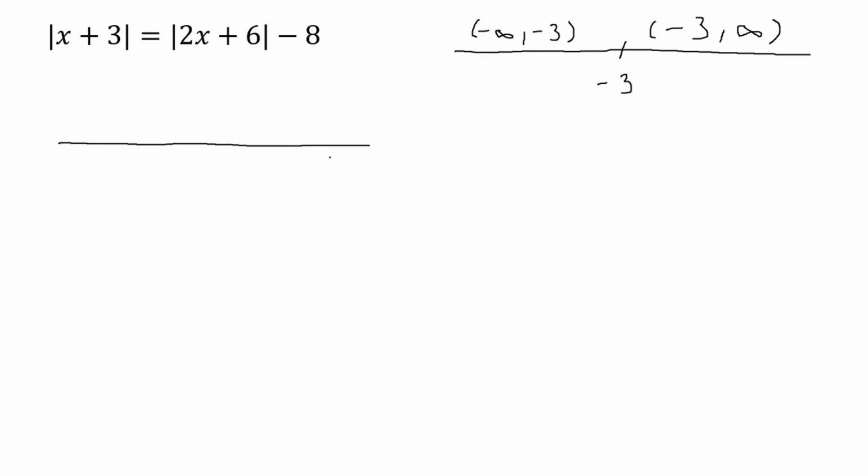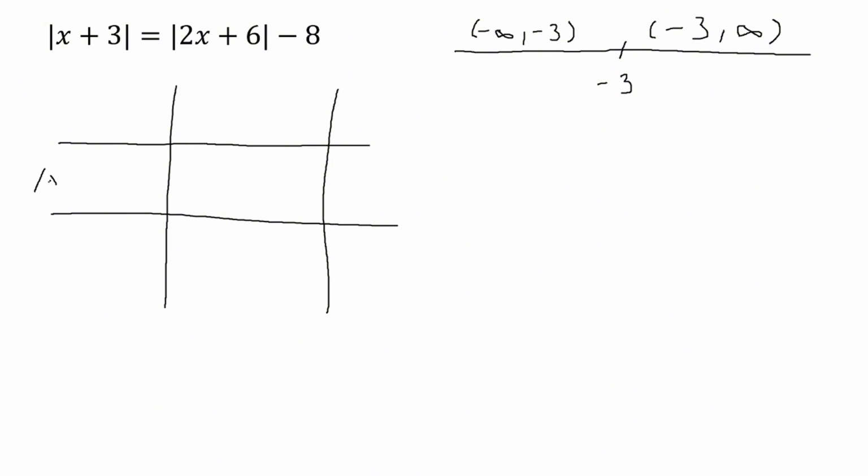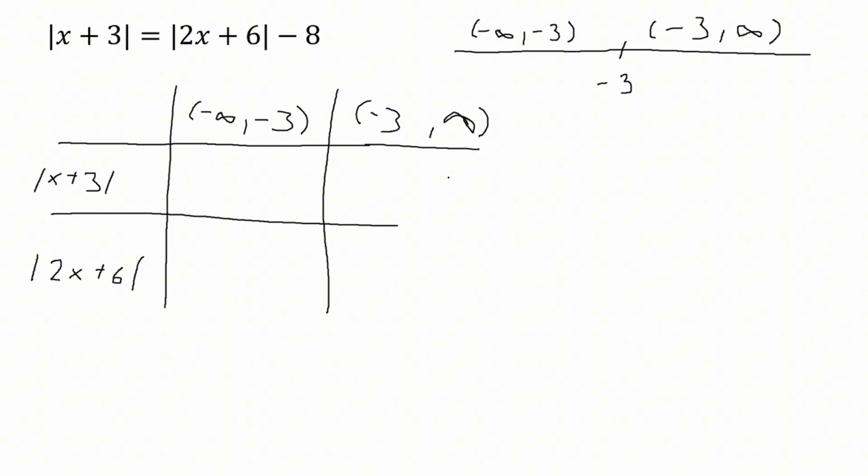Essentially, what you can do is plot a table, just like so, where we would have x plus 3 right here. And here we will have our second term, 2x plus 6. Here's our first interval, negative infinity all the way to negative 3. And then from negative 3 to, sorry, not negative infinity, positive infinity, just like so.